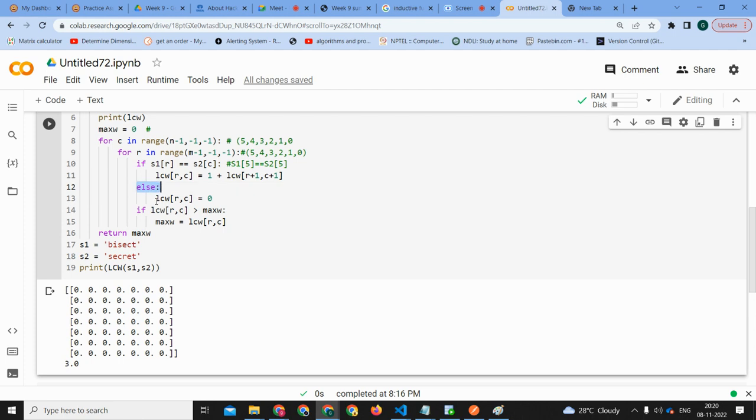Okay. So if they are not equal, then LCW of R, C will become 0. If they are not equal, put 0 directly. And this is easy, we are already calculating the max of W, the longest common subword. So at some point we'll have a value.